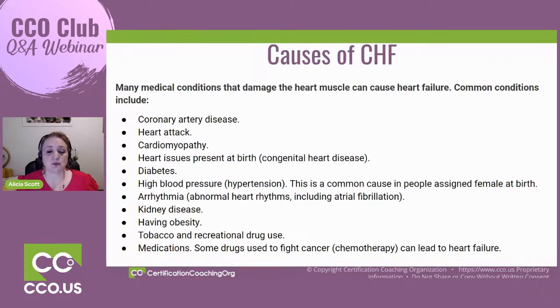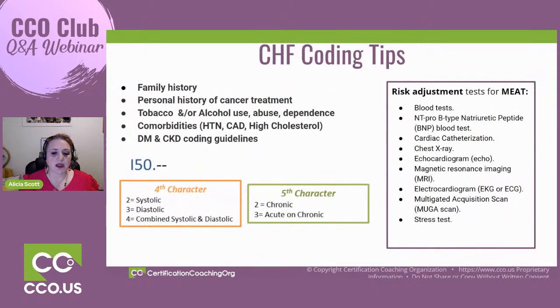Obesity. We know more about obesity now than we've ever known before, and the cause and damage that it does to the body. Tobacco and recreational drug use, and then other types of medications that are used, especially things like chemotherapy and even radiation. So let's talk about some coding tips now.